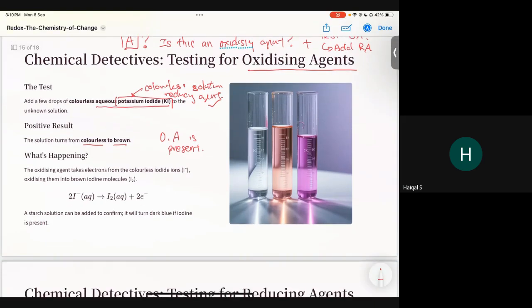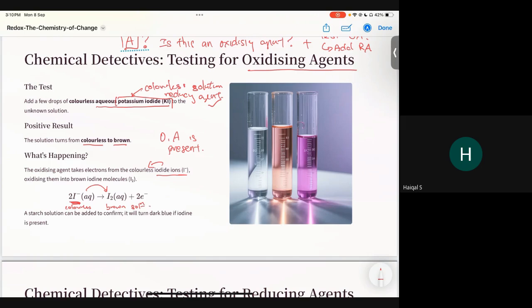So why is it that it will turn from colorless to brown? Potassium iodide is actually colorless, but the oxidizing agent caused my iodide to become I2. So I minus is a colorless ion, and I2 is actually a brown solution.